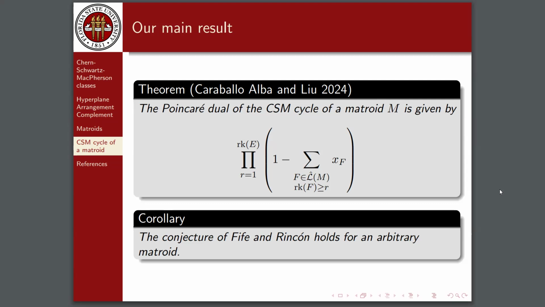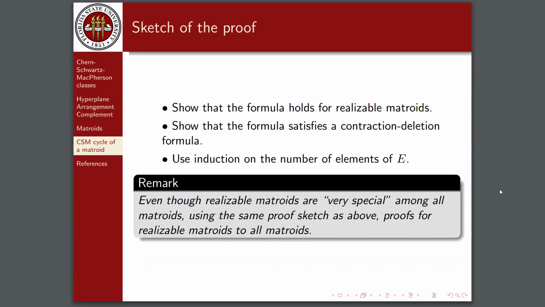And the last thing that I want to do is give you a very, very short sketch of the proof because I think it is remarkable how simple of a high-level view it gives you. All we did was we derived the formula for realizable matroids. Then we showed that this formula that we define for an arbitrary matroid satisfies a contraction-deletion formula, which means that we can take our matroid and decompose it into smaller parts and look at the classes of those parts, and then put the information back together to give you the CSM cycle for the original matroid.